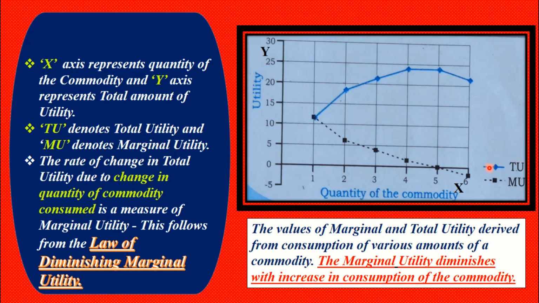TU denotes total utility and MU denotes marginal utility. The rate of change in total utility due to change in quantity of the commodity consumed is a measure of marginal utility. This follows from the law of diminishing marginal utility.